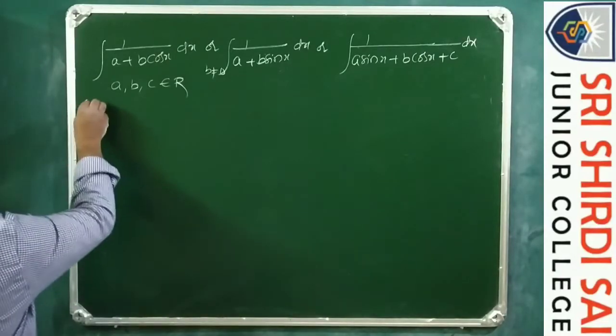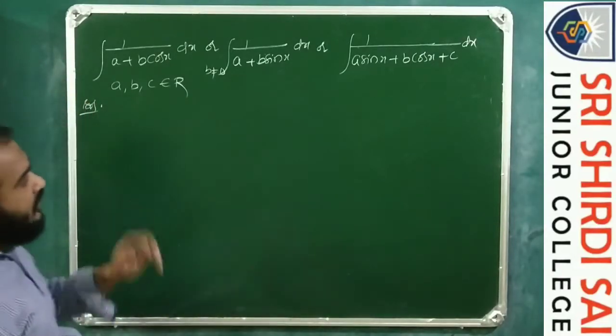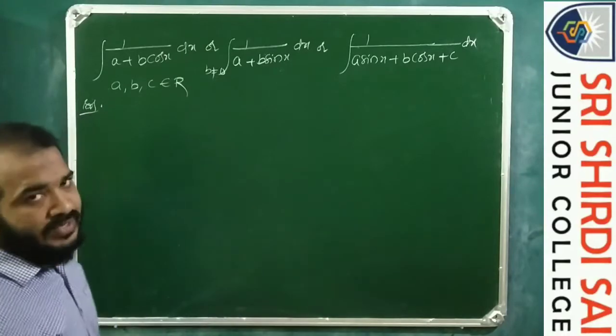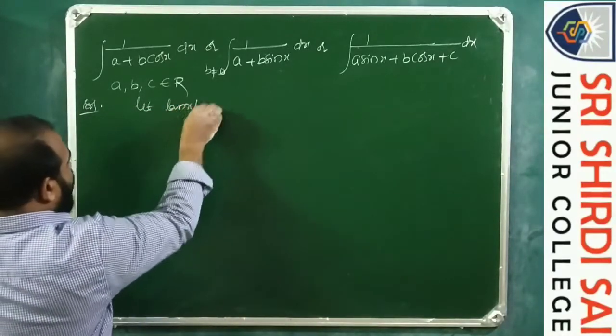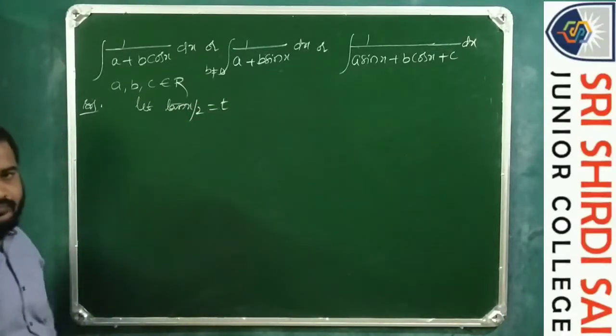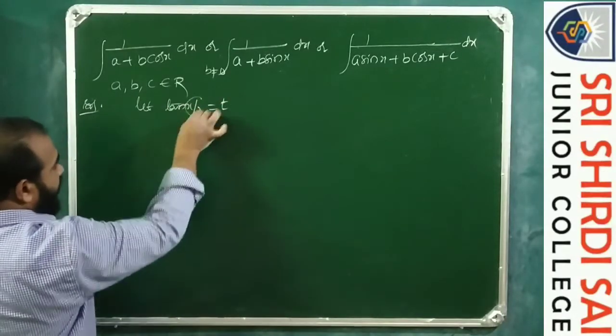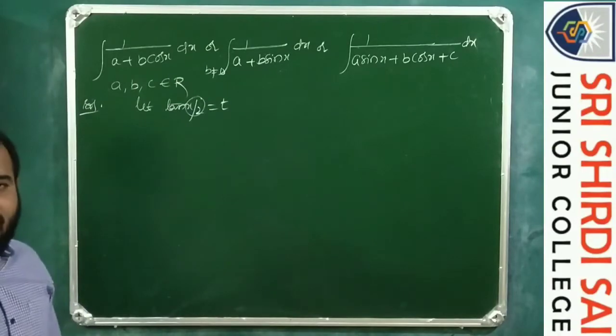So to solve this, let tan x by 2 equal t. Now differentiate. What is d by dx of tan x? Secant square x.